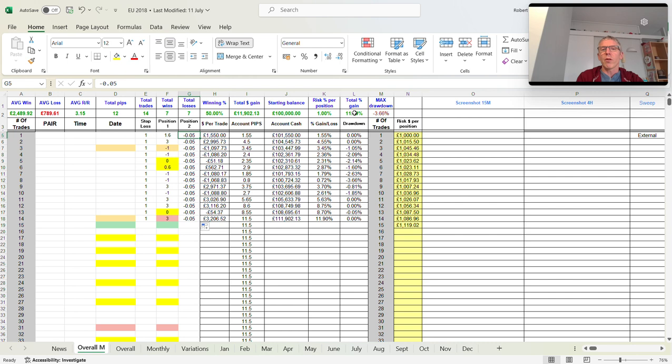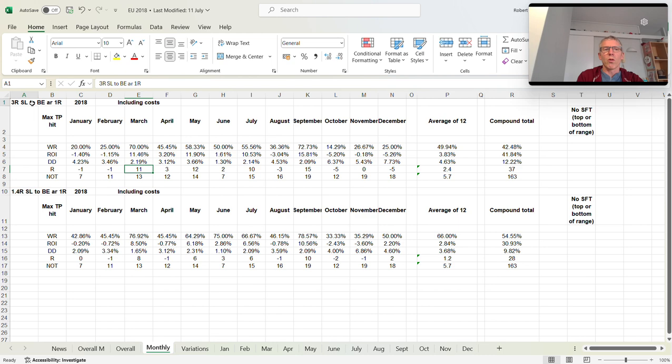And you can see there, it's 11.9% for the year. So I do that for every year, and then every month I just record 3.3R and 1.4R just because I like those as targets, and that's moving my stop loss to break even.